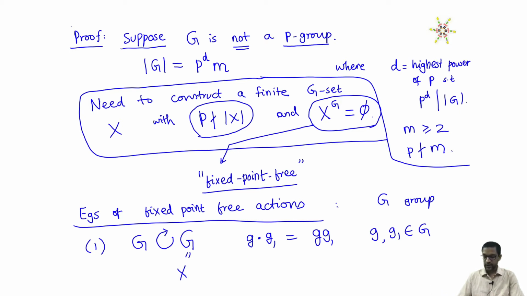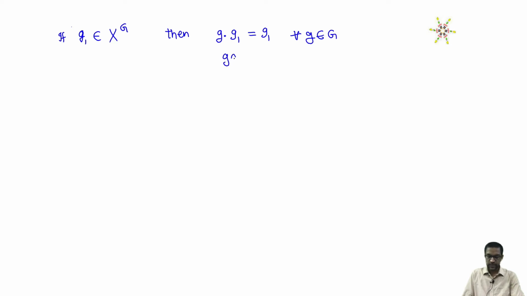Let's check that. What are the fixed points for this action? Suppose an element G1 is a fixed point for this action. What does that mean? It says that G acting on G1 is G1 for all group elements G. But that just means that the product G G1 equals G1, and remember this should hold for all group elements G. Now what does that mean?